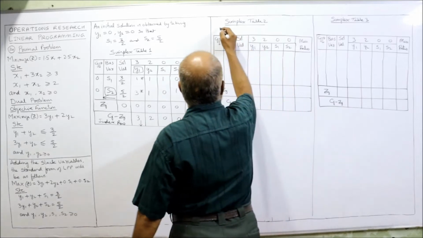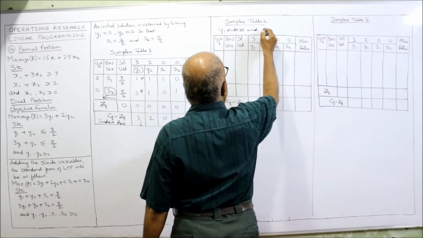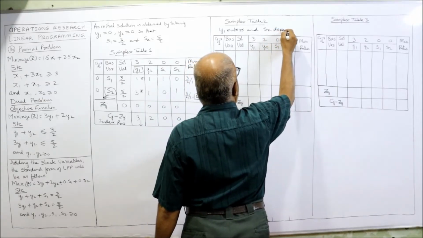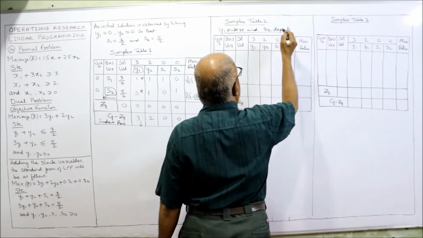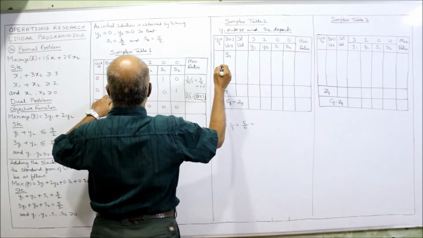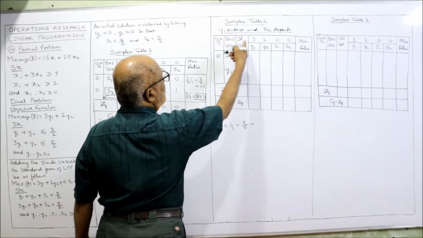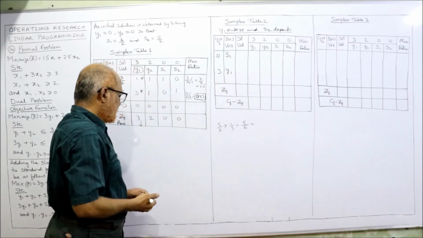So here I am writing Y1 enters and S2 departs. S1 will remain the same. Instead of S2, Y1 will enter. This is 0 and the Y1 coefficient is 3. That's it.